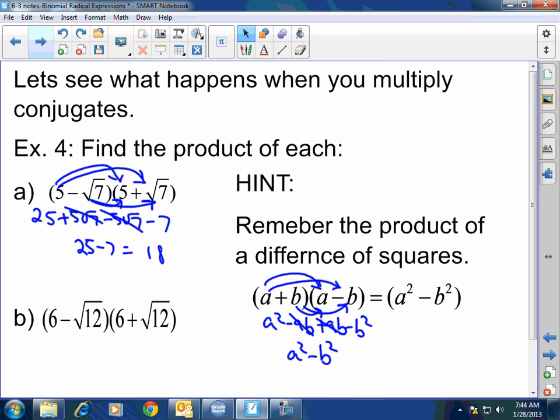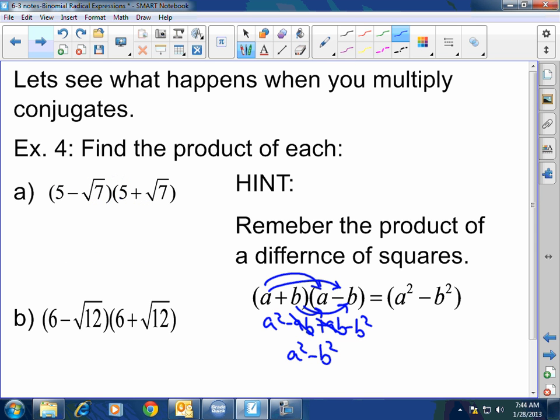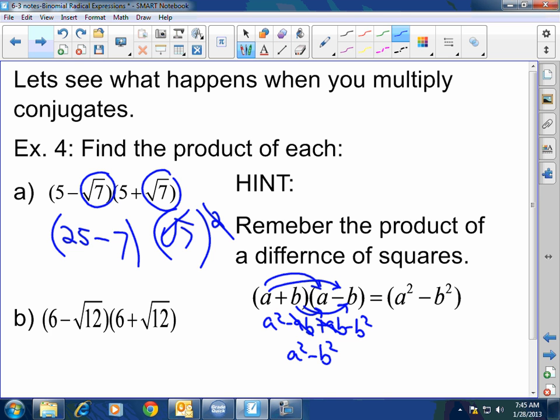The easy way, if you remember the form of a difference of squares, is the square of the first, which is 25, minus the square of the second. What's the square of square root of 7?